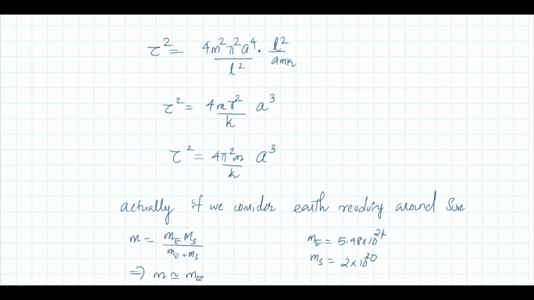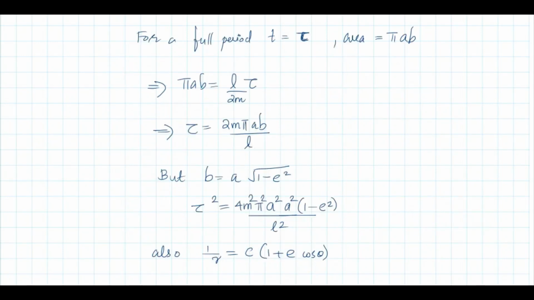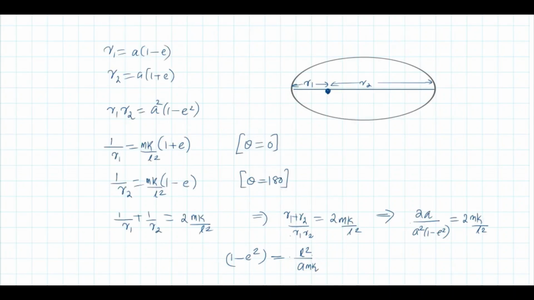In this expression, if you put theta equal to 0, this right hand side will be maximum, and 1 by r will be maximum, so r will be minimum. So for the smallest distance r, theta should be 0. That is why I put 1 by r1 equal to mk by L square into 1 plus e.